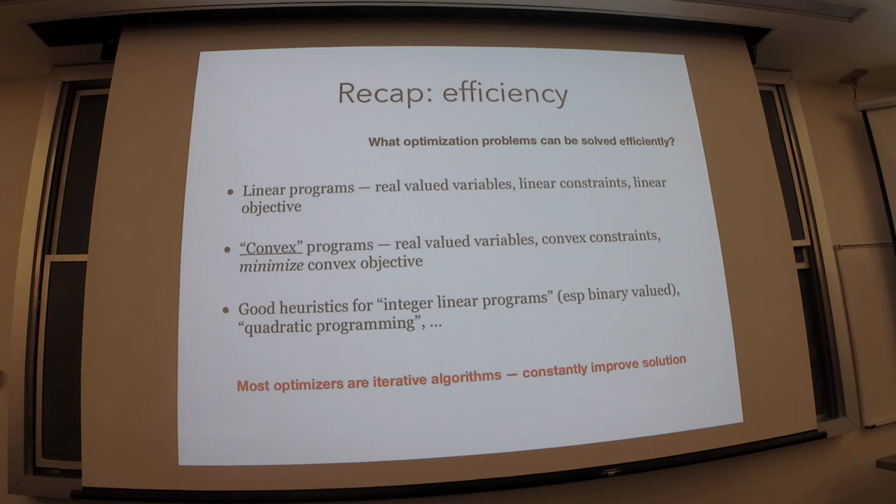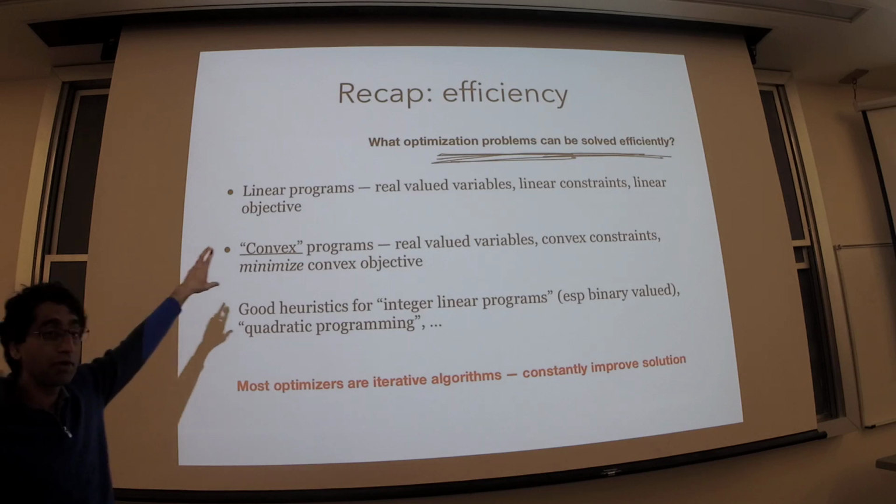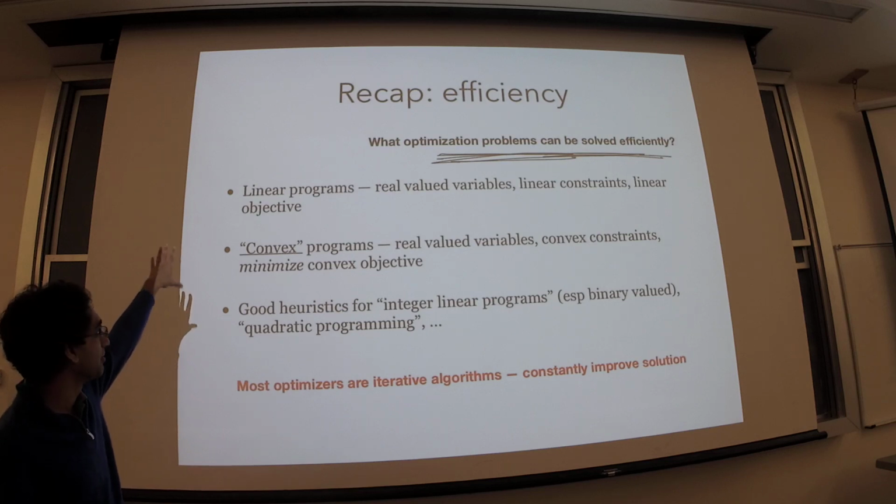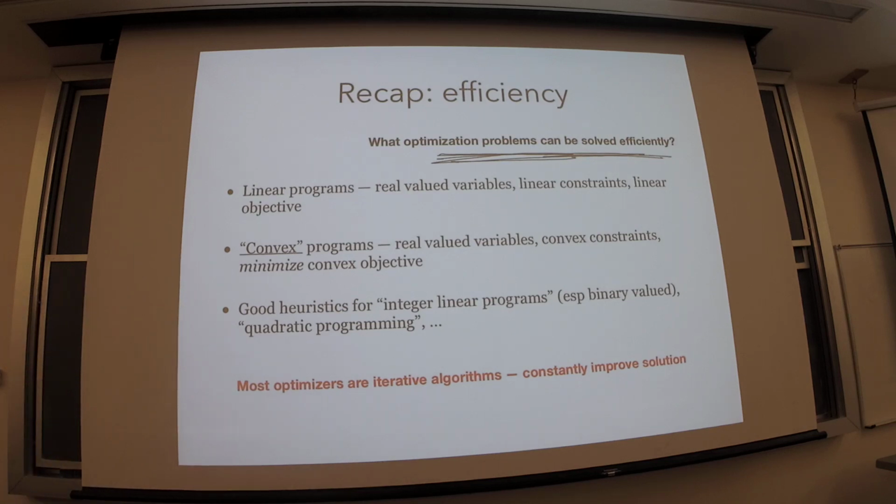We also started asking, when can an optimizer work efficiently? We said that there are very few cases where we can provably say that it works efficiently, and these are something you should remember. The only things for which we have guarantees that the optimizer works efficiently are things like linear programs or convex programs.